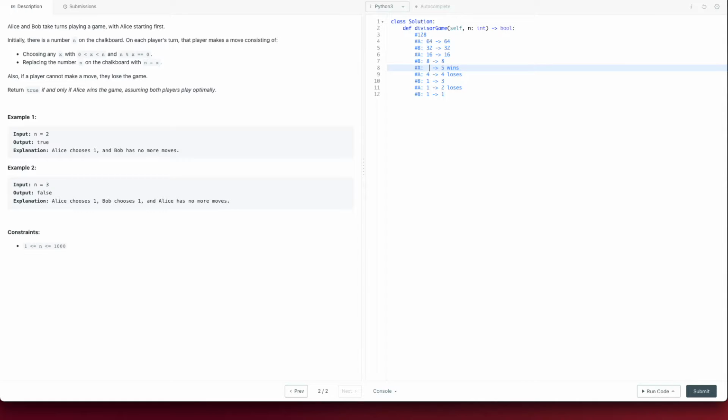So it's 6. So whoever has 3 wins, and obviously whoever has 1 wins. So does 6 lose? With 6, you can choose 2, in which case you would just win.